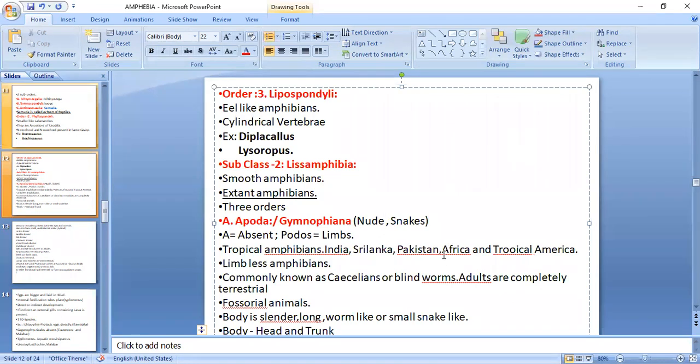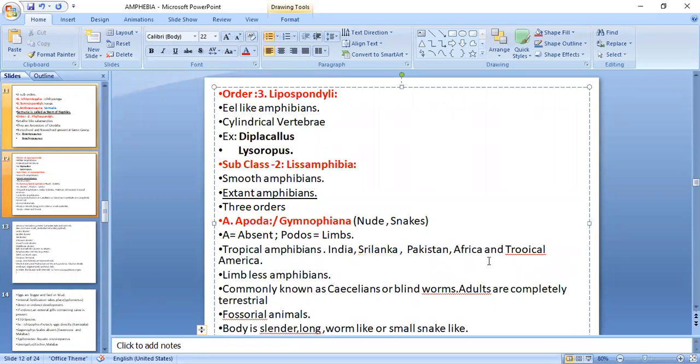They are tropical amphibians, present mostly in tropical countries like India, Sri Lanka, Pakistan, Africa, and tropical America, that means South America.